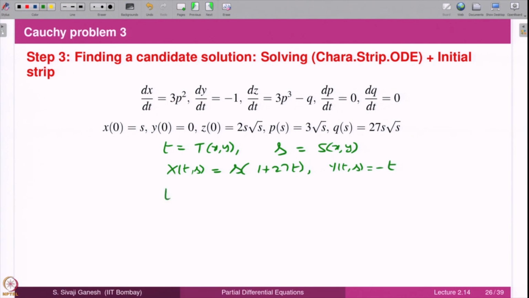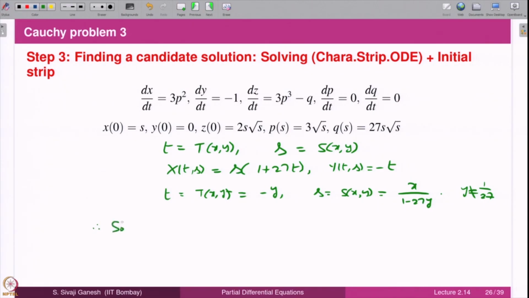So, that will give us t is equal to t(x,y), that is very simple, equal to minus y, and s equal to s(x,y) equal to x by 1 minus 27 y. Okay, obviously y should not be equal to 1 by 27.